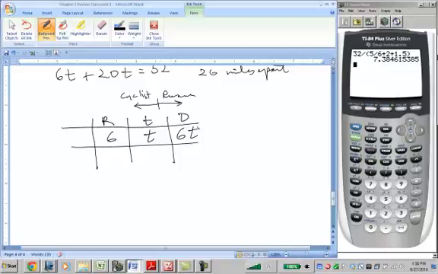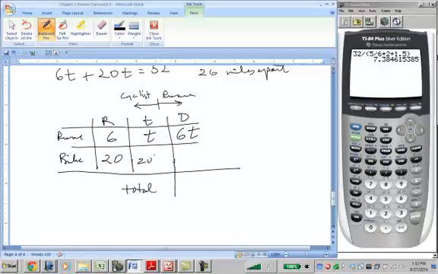Now remember, they're going the same amount of time, so we can use the same variable for both. And this is the runner, and this is the bike. And here we're going to have the total.